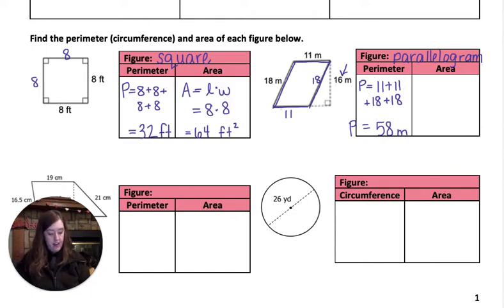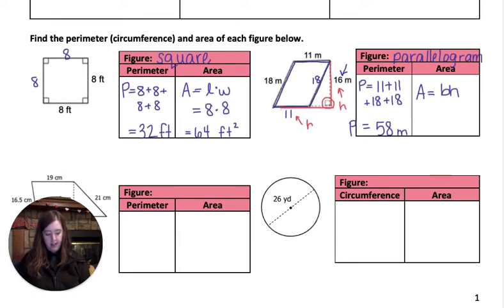Now we'll find the area. So remember, for a parallelogram, area is base times height. And we know that our base and our height have to be perpendicular to each other. So we're looking for a right angle. We have a right angle right here. So that means that this guy right here is my height. So 16 is my height. This guy right here is my base.